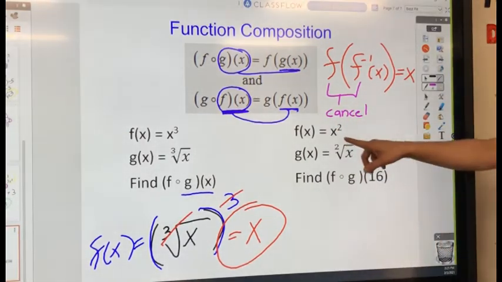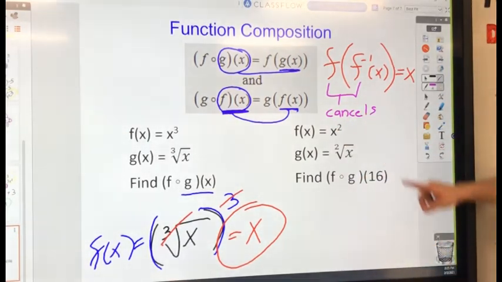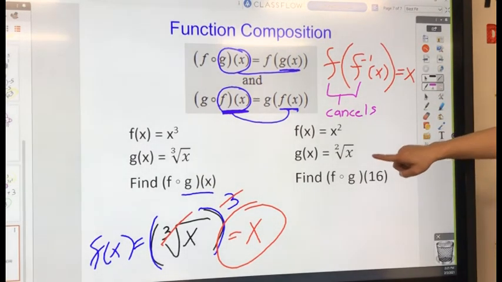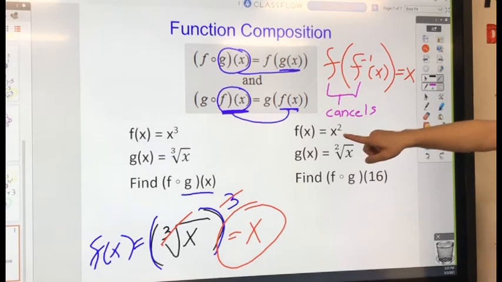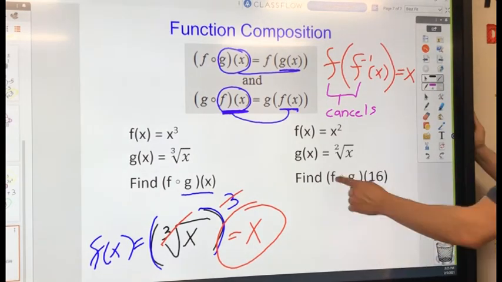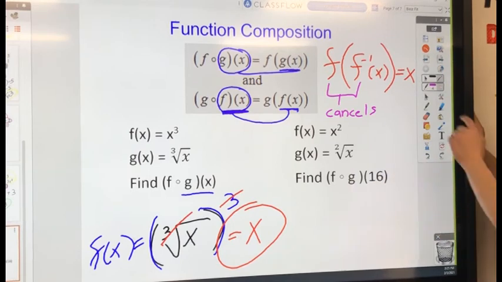As we look at this next problem, what's the solution? I have f of x equals x squared, g of x is the square root of x. The function composition of f of g of 16 is 16. Yep. Because these two would cancel and just leave me with 16.